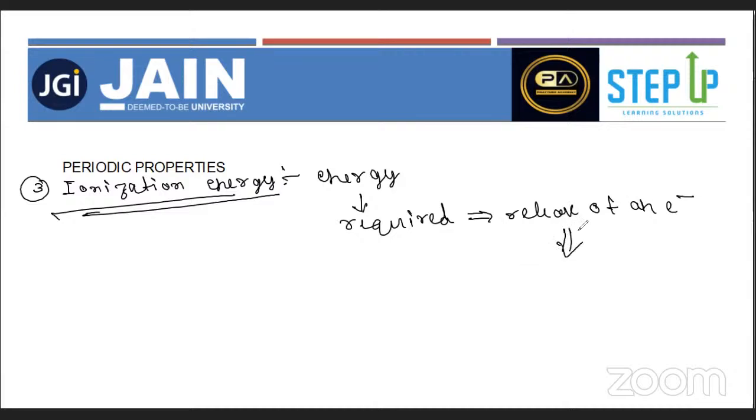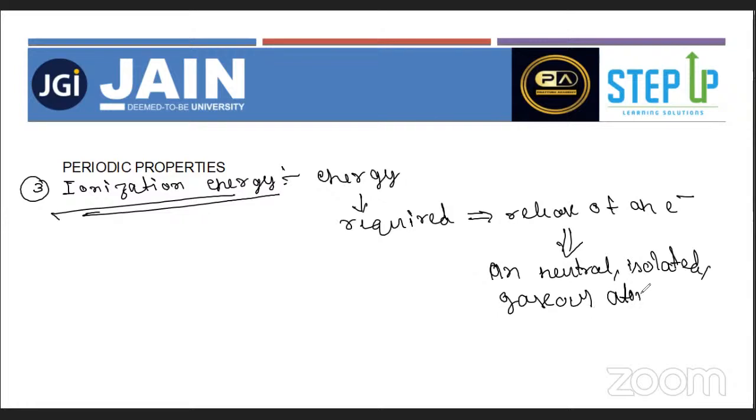From a neutral, isolated, and gaseous atom. All these conditions should be there when you are looking for ionization energy. The definition says: the amount of energy required to release an electron from a neutral, isolated, gaseous atom.